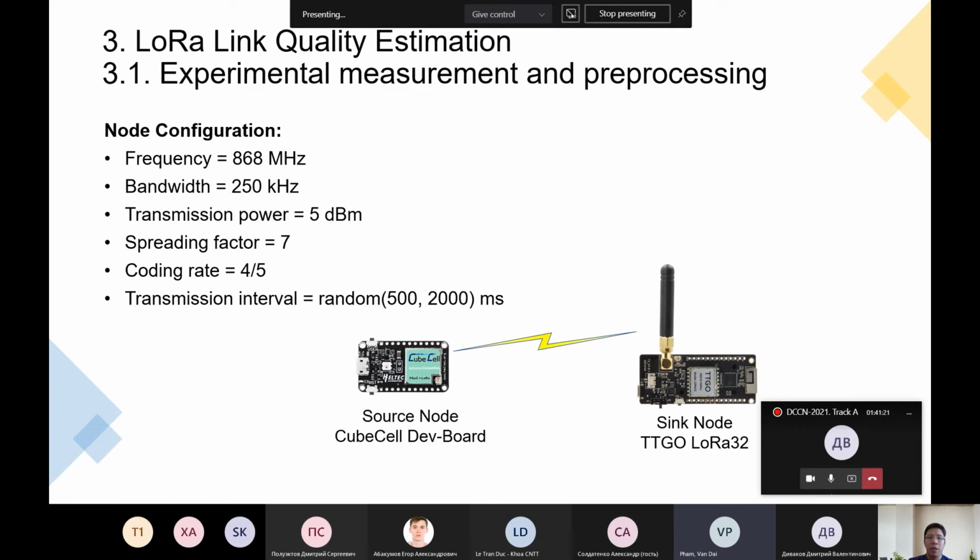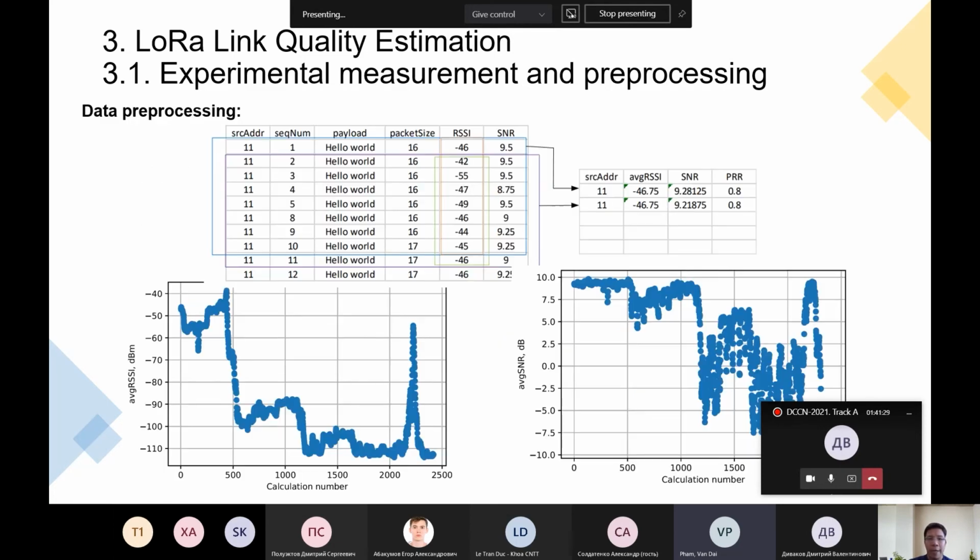After this experiment, we receive 2,500 packets for further processing.